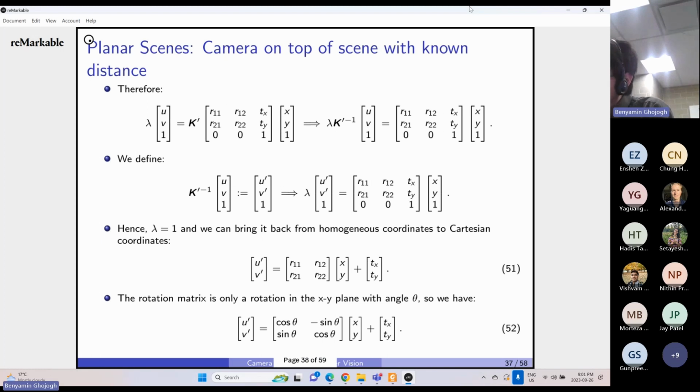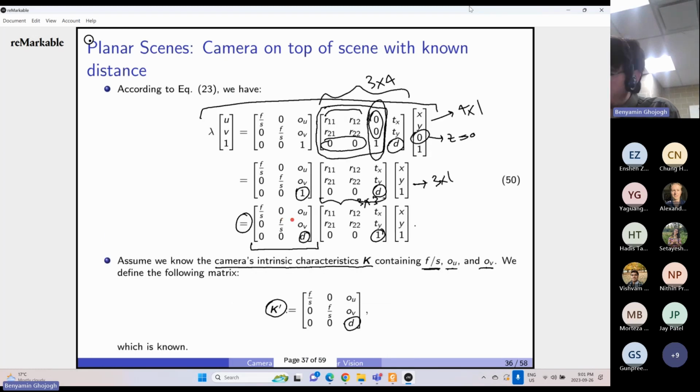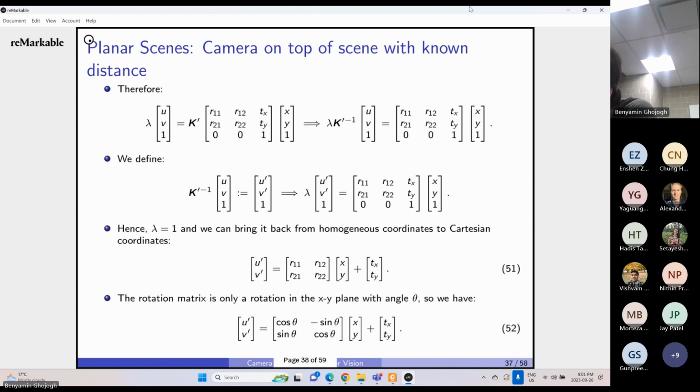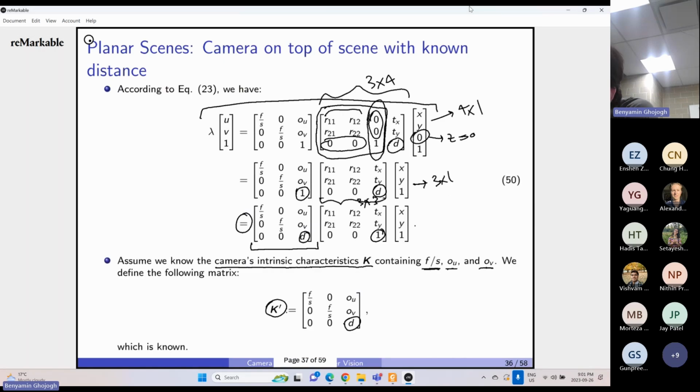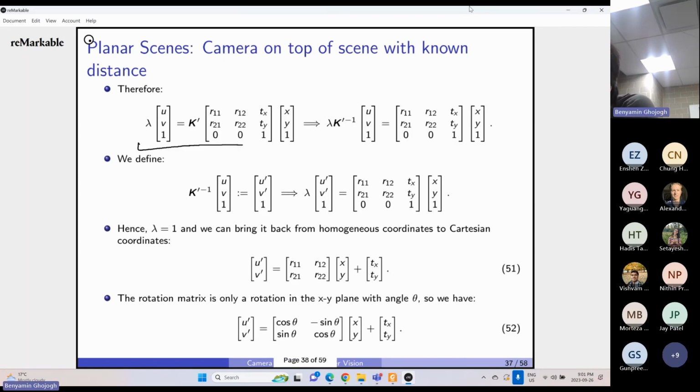Now I replace this matrix with the K prime that I just defined. Then I will have this. Agreed? So this K prime is a pain in the neck. Then what should we do? Left multiply the side by K prime inverse to get rid of that. Therefore, I will have K prime inverse here.